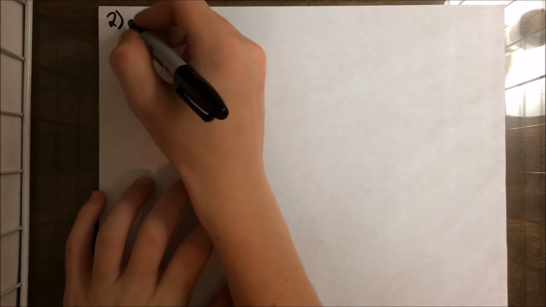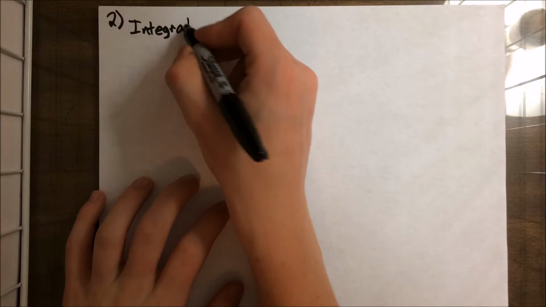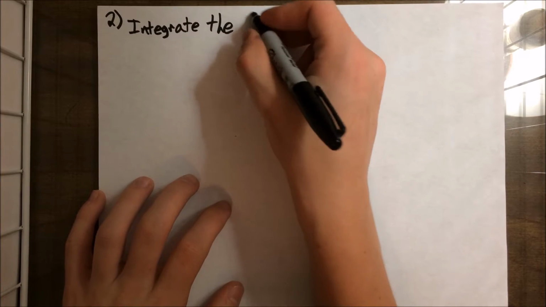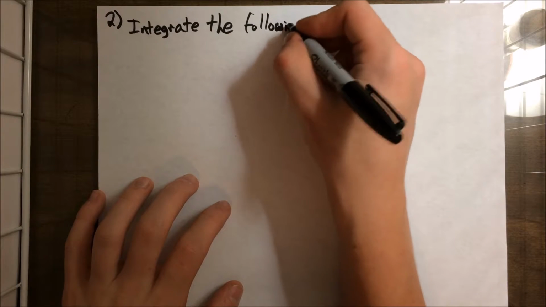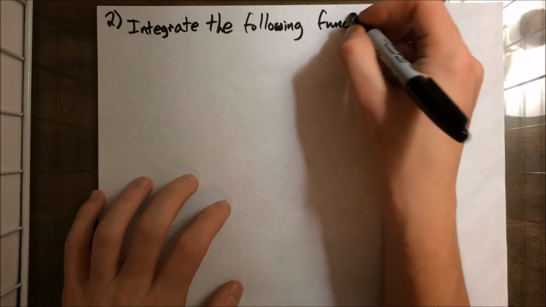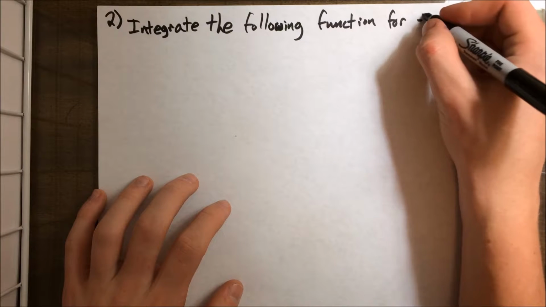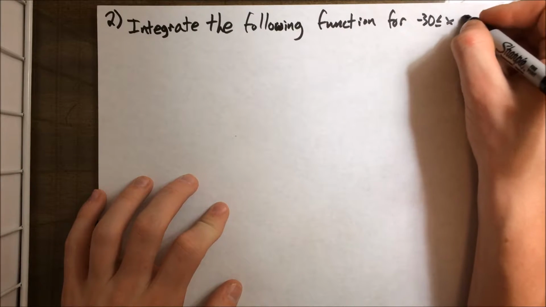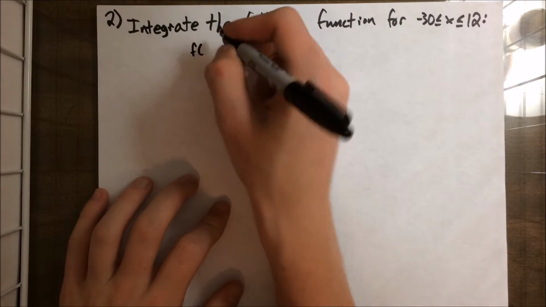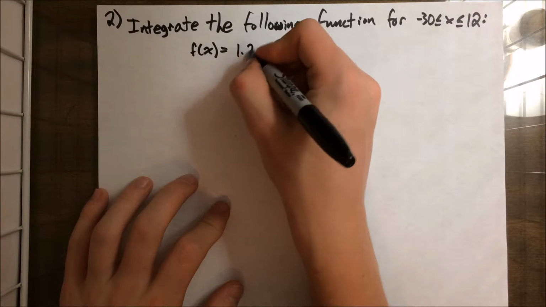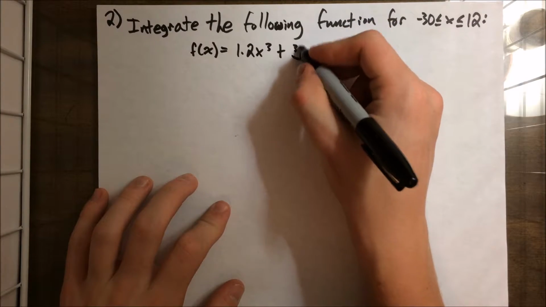So in this example 2, we're going to integrate the following function for negative 30 is less than or equal to x, which is less than or equal to 12. And the function we're going to use is f of x is equal to 1.2x cubed plus the cube root of x.